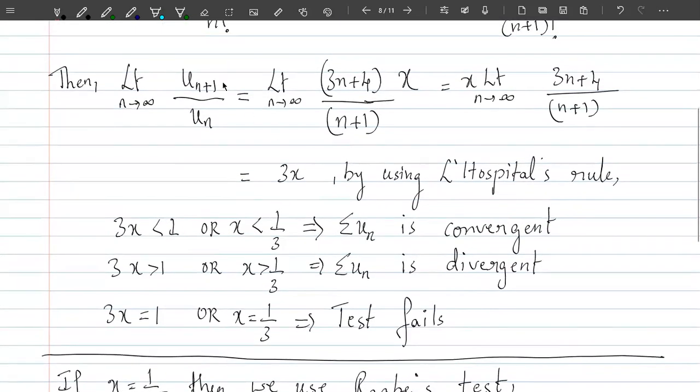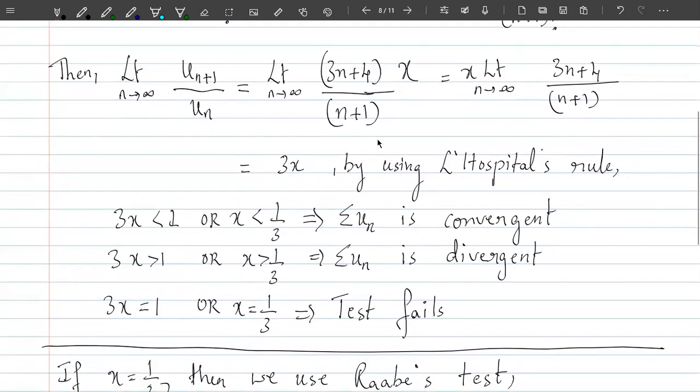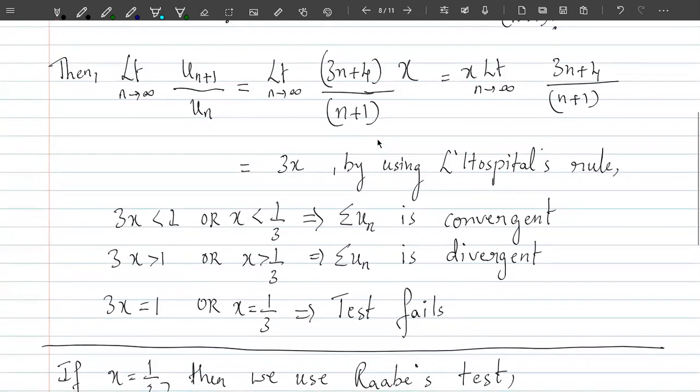You already know the value of un plus 1 by un. It's equal to 3n plus 4 x divided by n plus 1. But what we want to calculate here is un by un plus 1. So it will be n plus 1 divided by 3n plus 4 into x. But what is x here? 1 by 3.